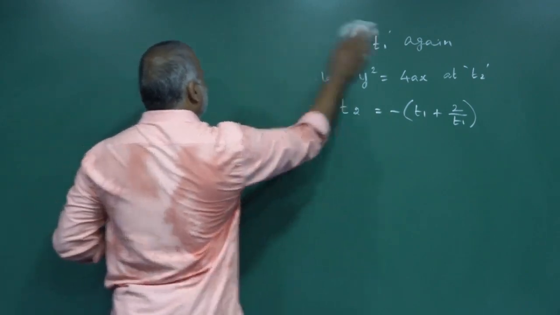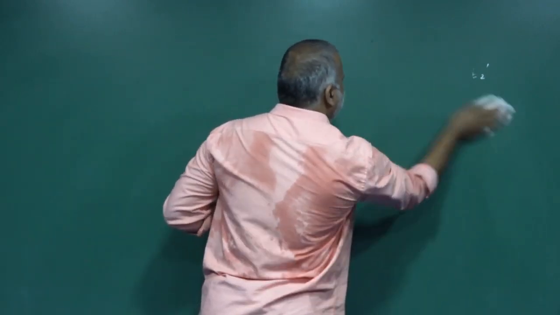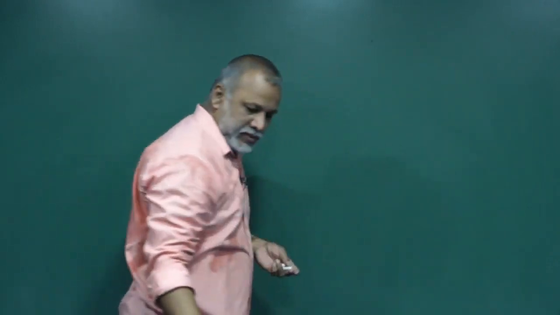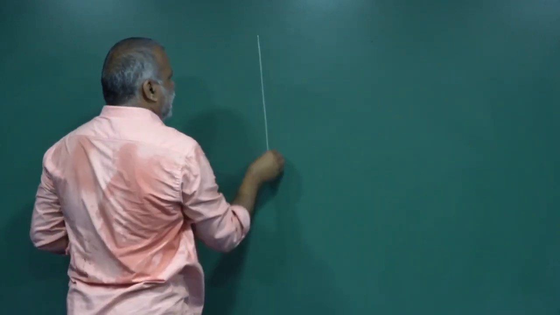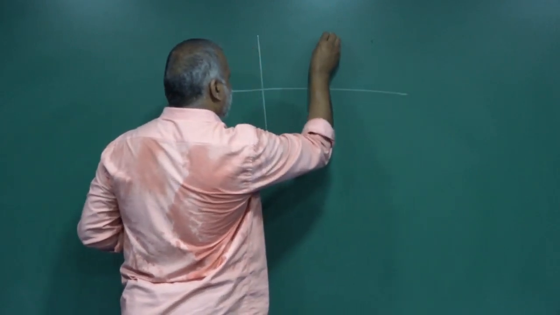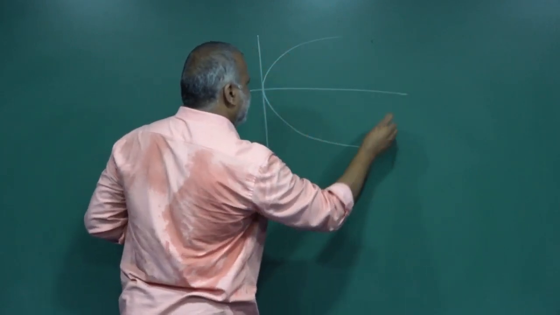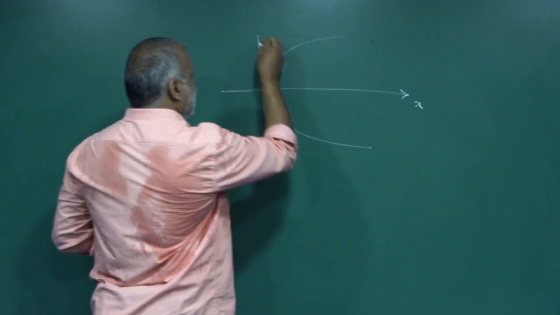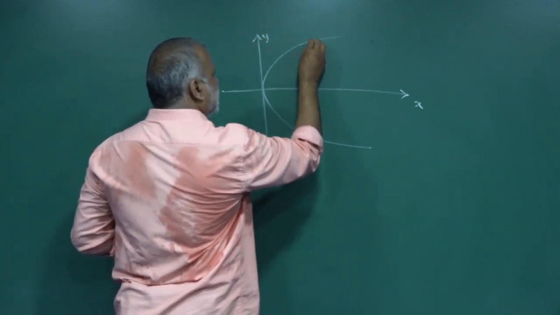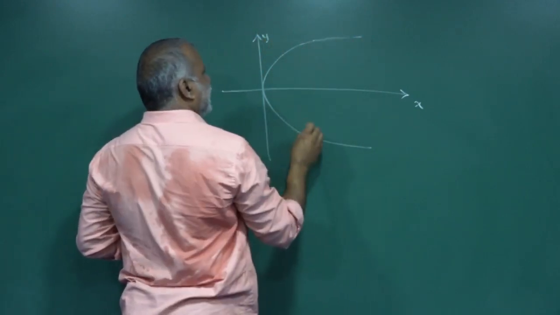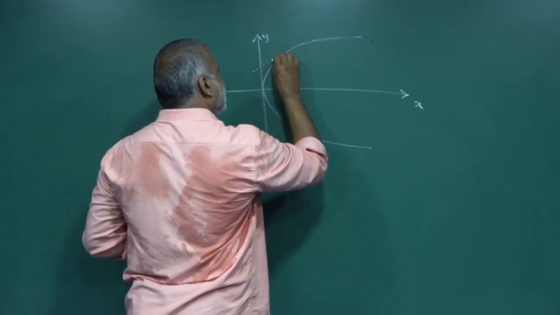We can work it out with the help of a diagrammatic explanation. We need the parabola y squared equal to 4ax. So this is the equation of the parabola, type number 1.